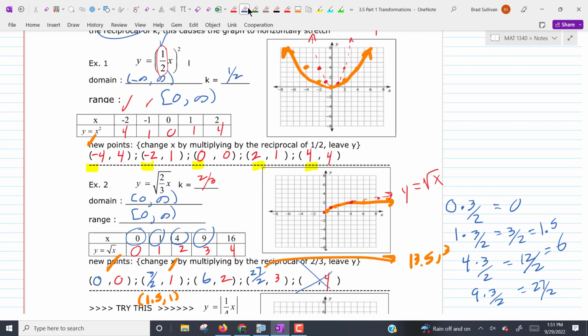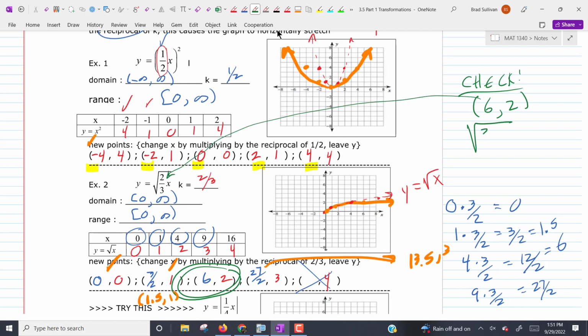Okay, now before I finish this up, I want to show you the checking. Now, this is real important that you see this. Okay, I'm just going to take one of these points. I'm going to take this point 6, 2. Now, let me show you why it's right. If I take my function and if I plug that 6 in for x, look what happens.